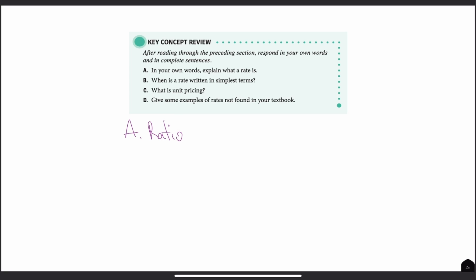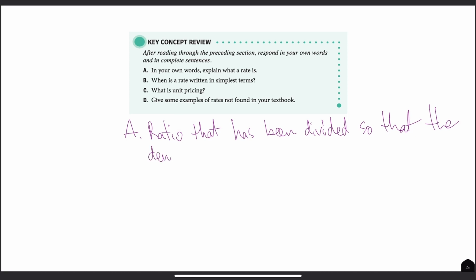It's a special kind of ratio, a ratio that has been divided so that the second unit, or the second number, in this case it's the denominator, because we're writing these ratios as fractions, right? That the denominator is 1, right? So we're doing the division.